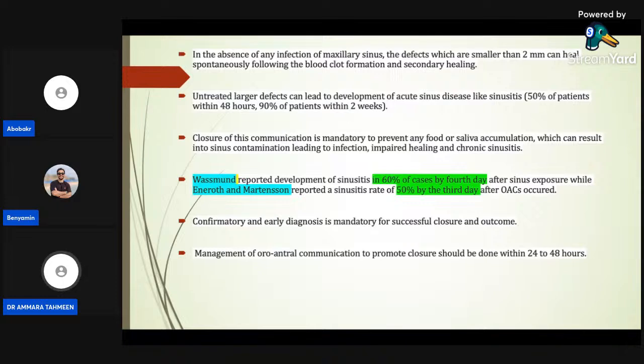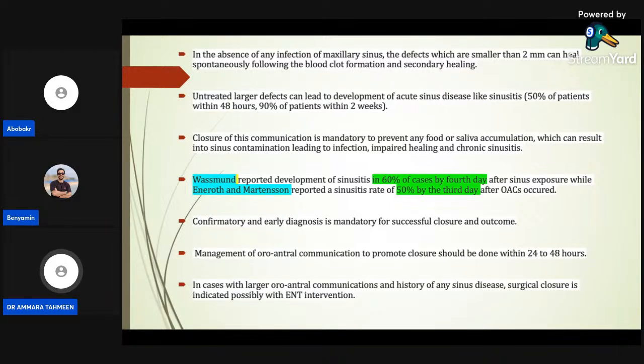To avoid further complications, and to provide the patient utmost care, it is wise to refer the patient to the oral and maxillofacial surgeon as early as possible if it cannot be handled by the general dentist in the clinic.